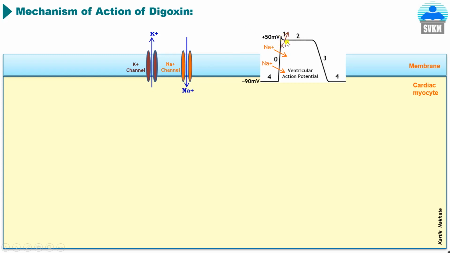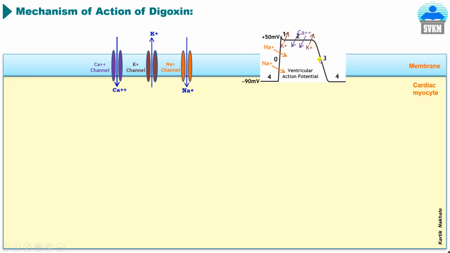During phase 2, that is the plateau phase, the L-type calcium ion channels are activated to allow inflow of calcium ions into the cell, while delayed rectifier potassium ion channels allow potassium ions to leave the cell. Therefore, the membrane potential remains almost constant due to the near balance of charge moving into and out of the cell.